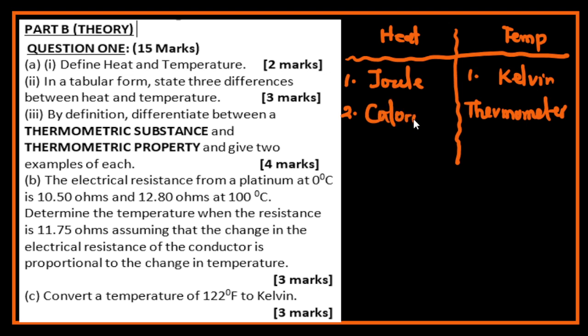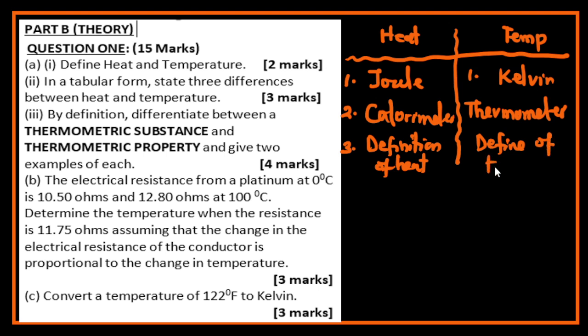That's correct. Good. You can put the definition. Energy in transit due to temperature difference, while temperature is the measure of degree of hotness or coldness. Good. So that's correct.